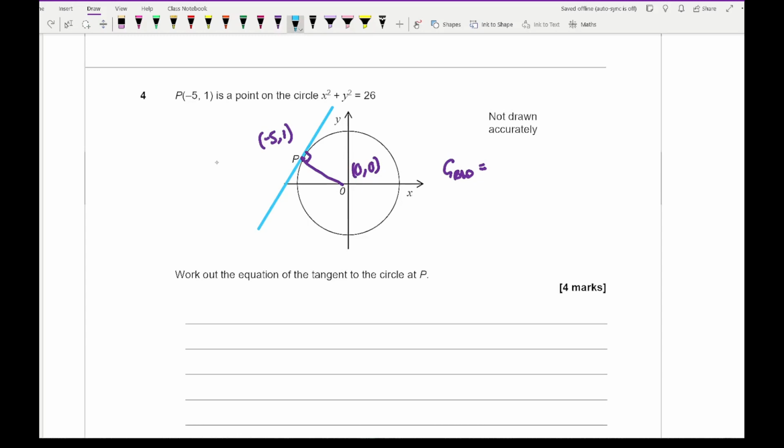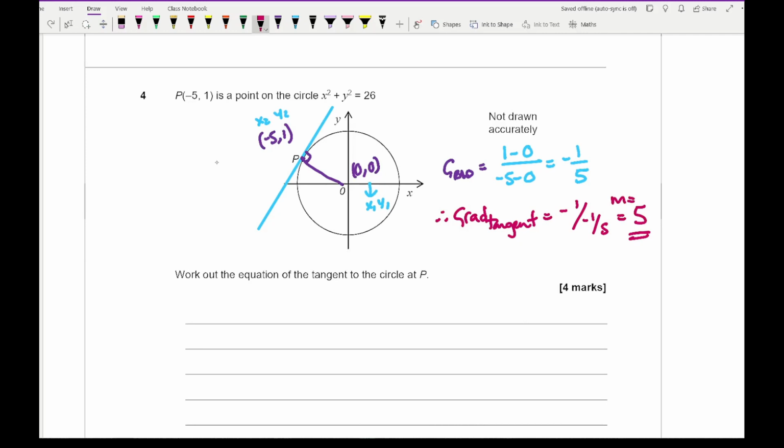So if I call this my x1, y1, and this my x2, y2, to work out the gradient of those points, it's going to be 1 minus 0 over minus 5 minus 0, which gives me a gradient of minus 1/5. Now this therefore means that the gradient of the tangent is going to be the negative reciprocal of this. So it's minus 1 over minus 1 over 5, which is going to give me a gradient of 5.